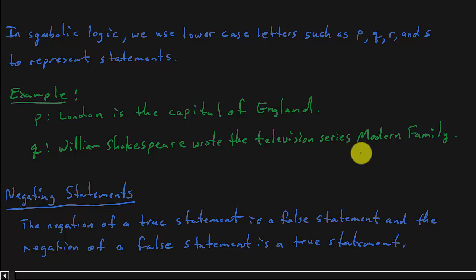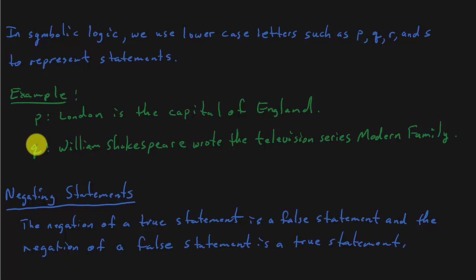The letter P here represents this first statement, and this letter Q represents this last statement. This is going to be important later on when we're using just letters P and Q and R and so on.